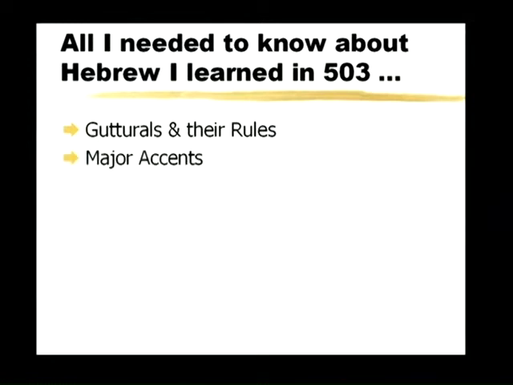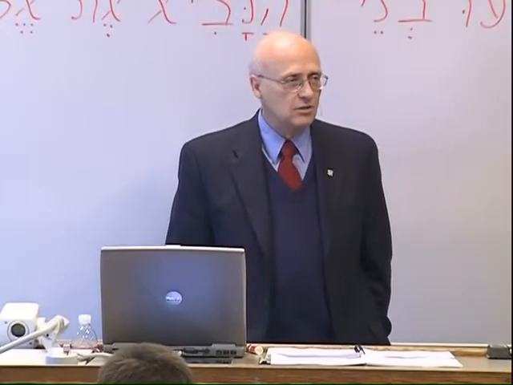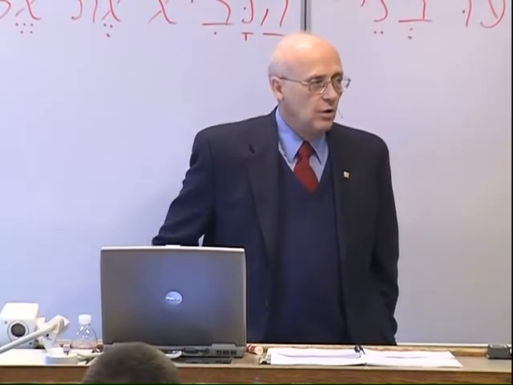You learned about the major accents. What's the major accent that is the logical middle of a verse? Atnach. What closes a verse? Silluq plus the sof pasuq. Okay, the sof pasuq are the two diamonds at the end. The silluq is that vertical line that is used as an accent on the final accented syllable in a verse. Those are very important.